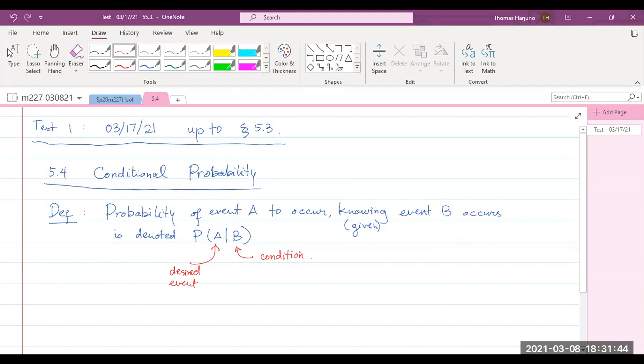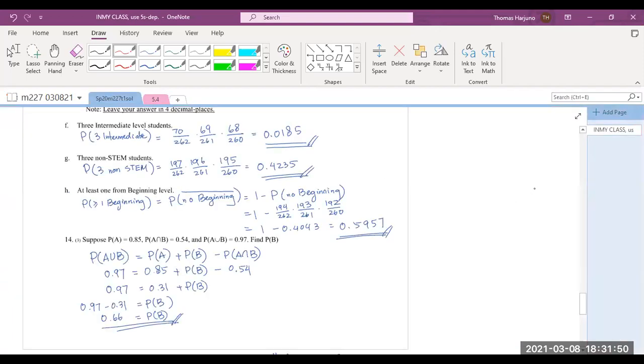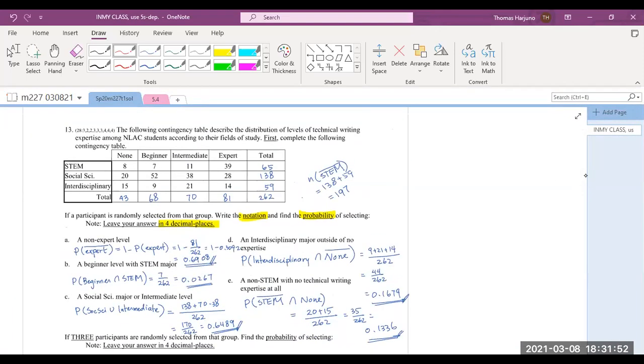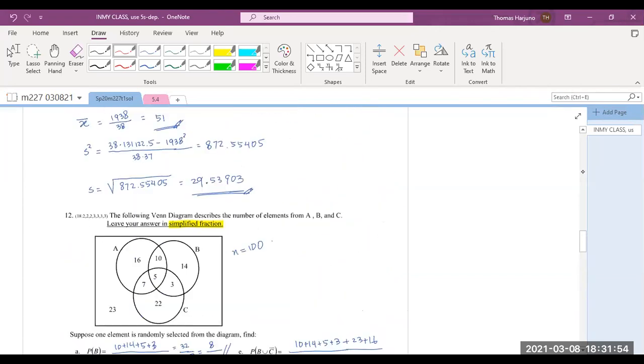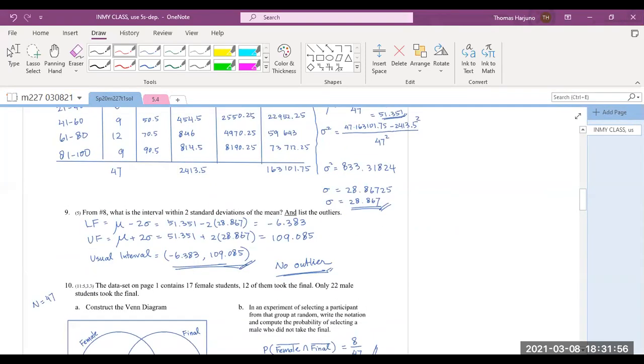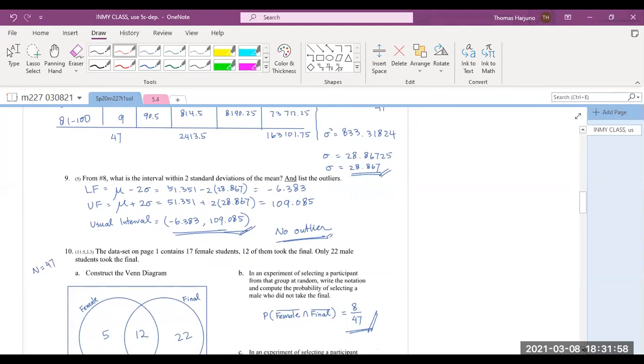Now let me start working on this. Let's use a problem from what we had before, the Venn diagram from here.